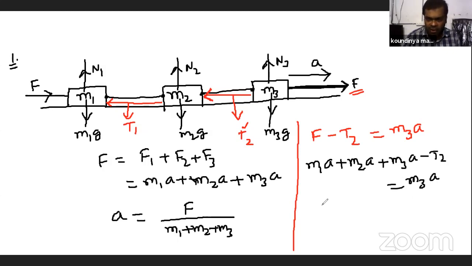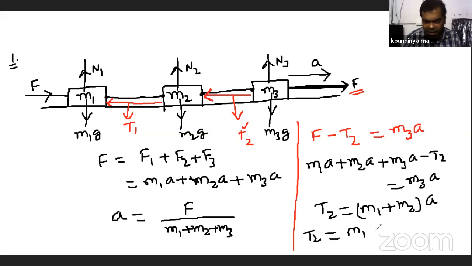So I will get T2 is equal to M1 plus M2 into a. Since I know the acceleration, I will write it as M1 plus M2 into F by M1 plus M2 plus M3.